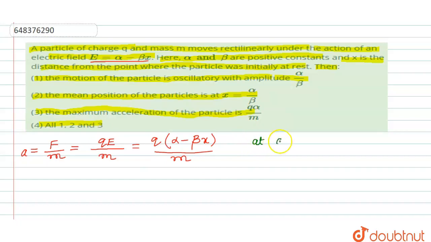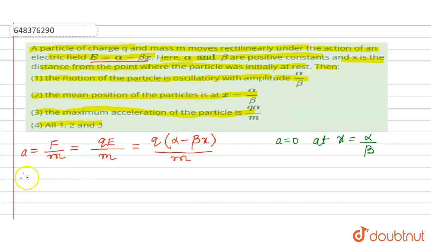At x equal to alpha by beta, clearly a will be 0, because if we put the value of x, that is alpha by beta, we simply get that a will be 0.